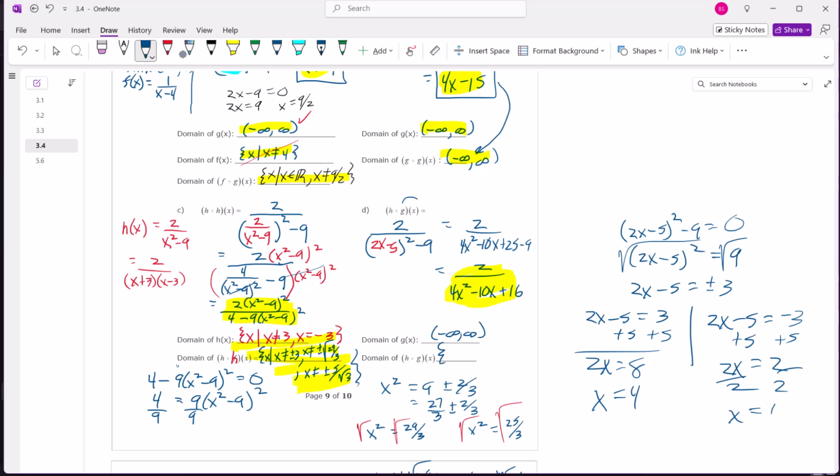So on this one, we have to say the set of x such that x is not equal to 4 and x is not equal to 1. So you have to go through and actually work that stuff out. Okay, so what you would find is if x was 4, you would have a 0 denominator. If x was 1, you'd have a 0 denominator also.